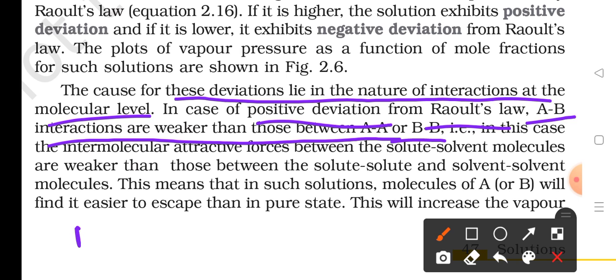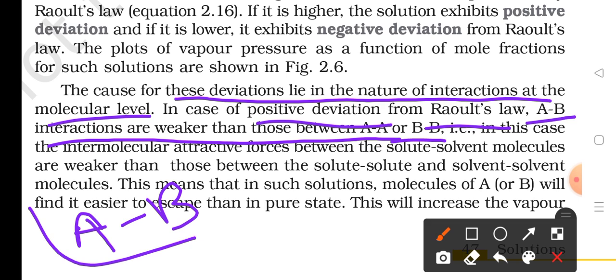So AB is weaker in positive deviation. If the bonding between A and B is weaker, then they are more volatile and can easily fly away, so they have a higher vapor pressure. They can easily become vapor, and because of that they have a higher vapor pressure.